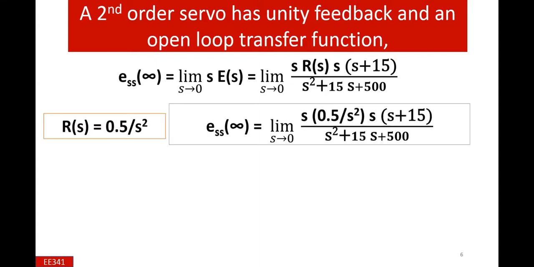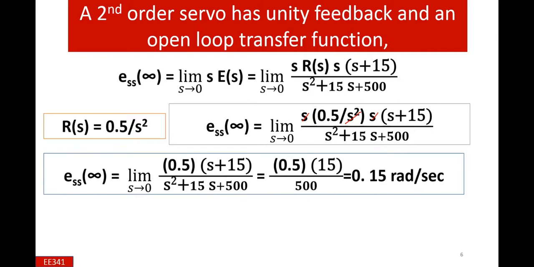If we substitute this here, the s squared cancels out with the s terms, and after simplification the result is 0.5 times (s plus 15) over (s squared plus 15s plus 500).